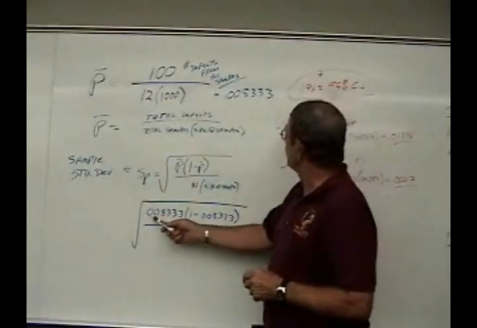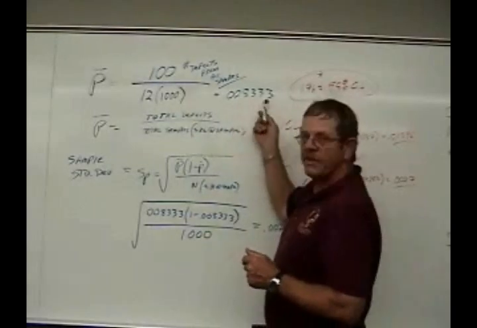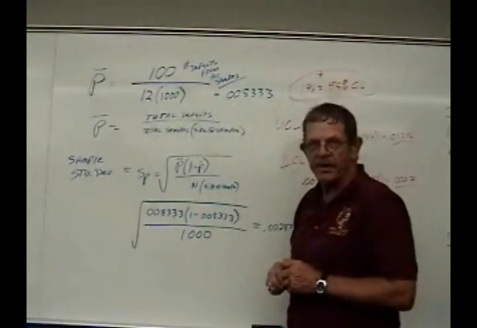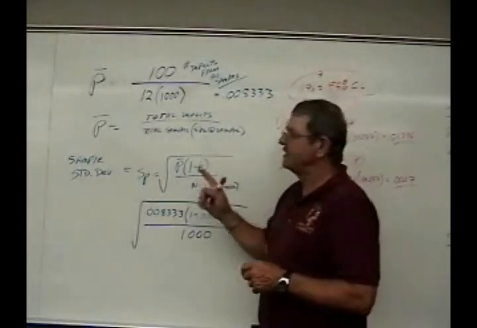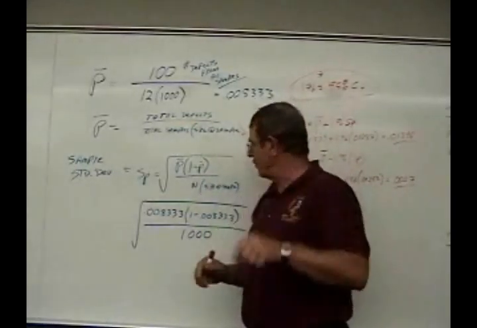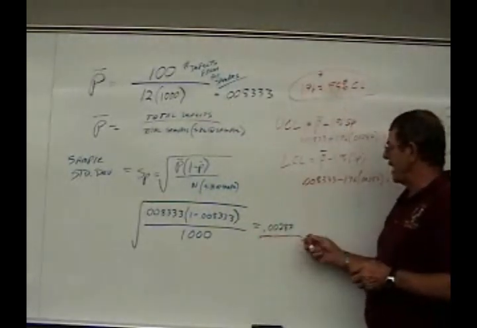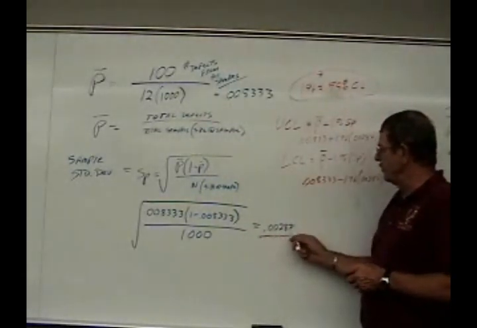So our formula is 0.008333 times 1 minus 0.00833, divided by the sample size of 1 lot, which is 1,000. So the standard deviation is 0.00287.